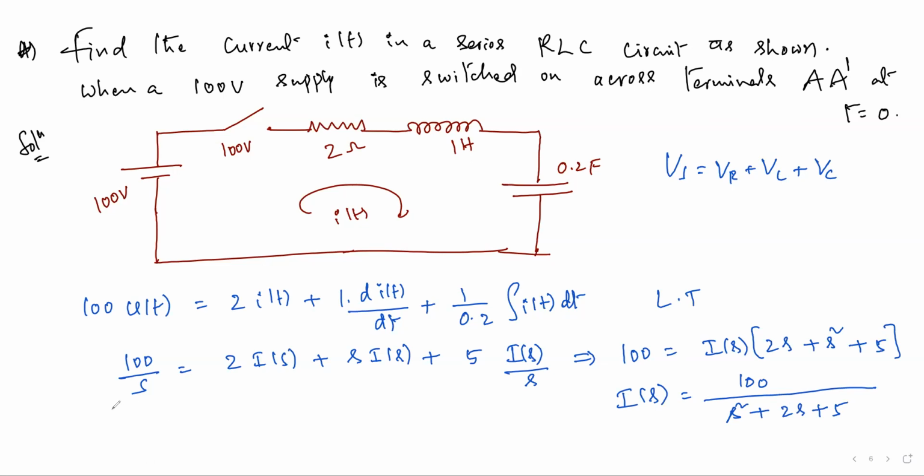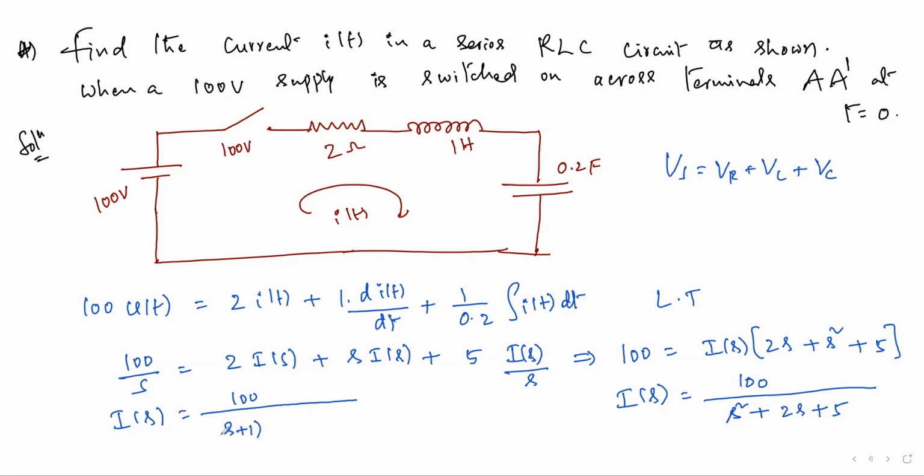Further, how can we divide? Writing this I of s as 100 divided by s plus 1 whole square. If I write, 4 remains. 4 I can write 2 square. Right.